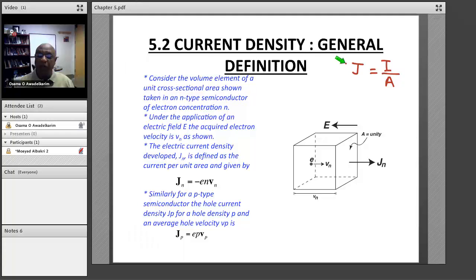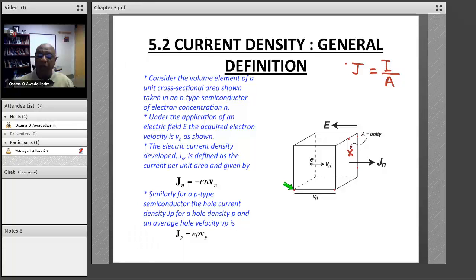Okay, having said that, let us think of a cube. This cube has unit area. So this area is unity, meaning it may be 1 millimeter squared, or 1 meter squared, or 1 centimeter squared. The area is unity. And let's say that in this box, I called it a cube, but let's call it a box, the cross-sectional area here is unity, but then the length or the depth of this box is V sub n.